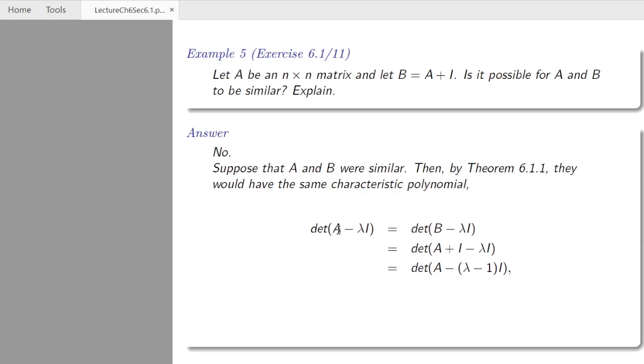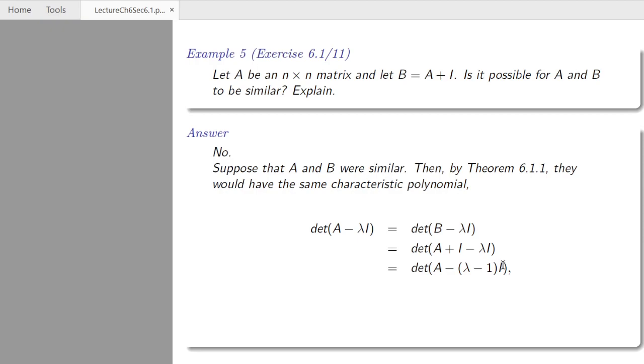So the determinant of A minus lambda I, that's the characteristic polynomial for the matrix A, should be equal to the determinant of the matrix B minus lambda I. This is the characteristic polynomial for the matrix B. But by the assumption B equals A plus I, so we do the substitution here, and we have 1 times I here, minus lambda times I here. So we put this together, we get A minus (lambda minus 1) times I.